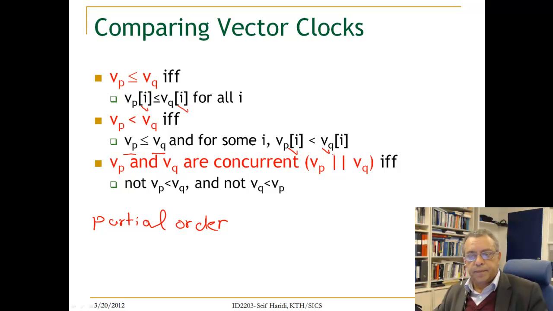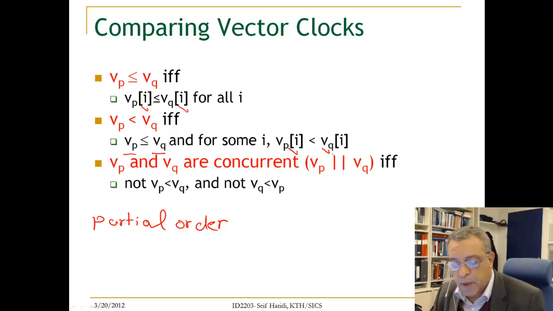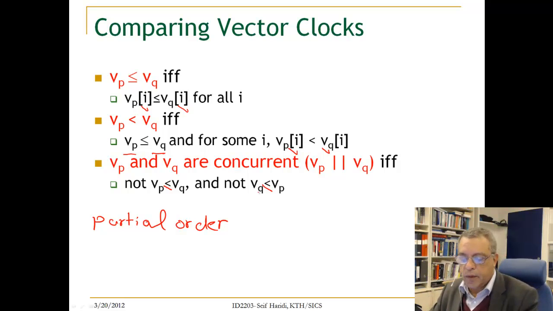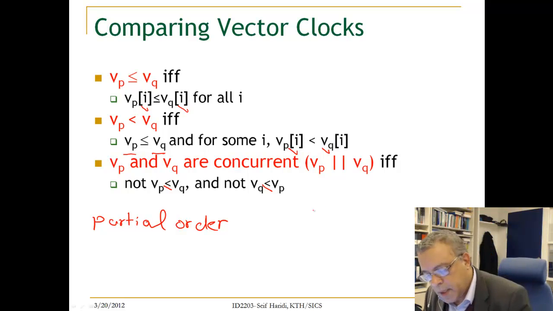If neither VP is less than or equal to VQ, nor VQ is less than or equal to VP, then we say that the two events associated with these vectors are concurrent. So here are some examples.